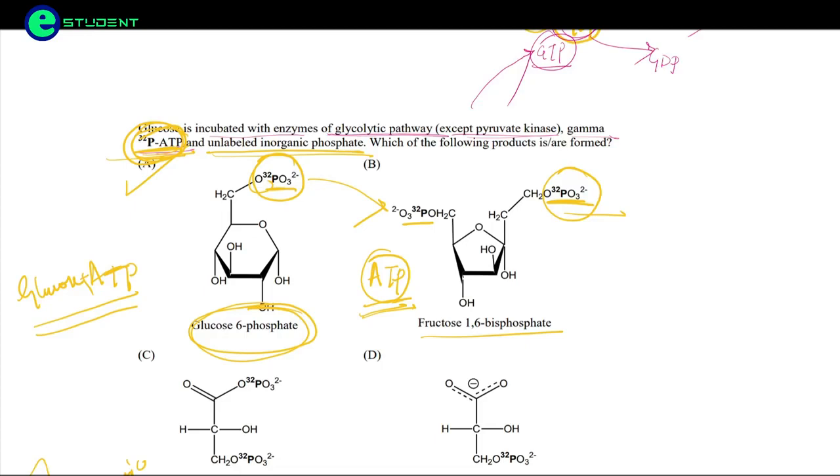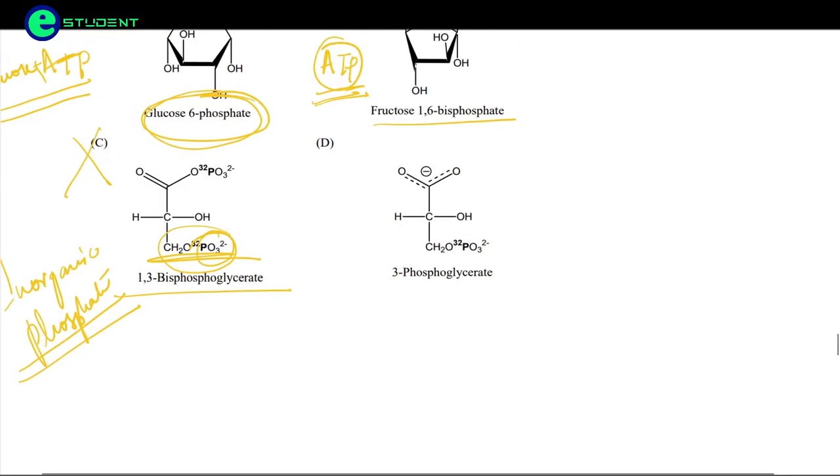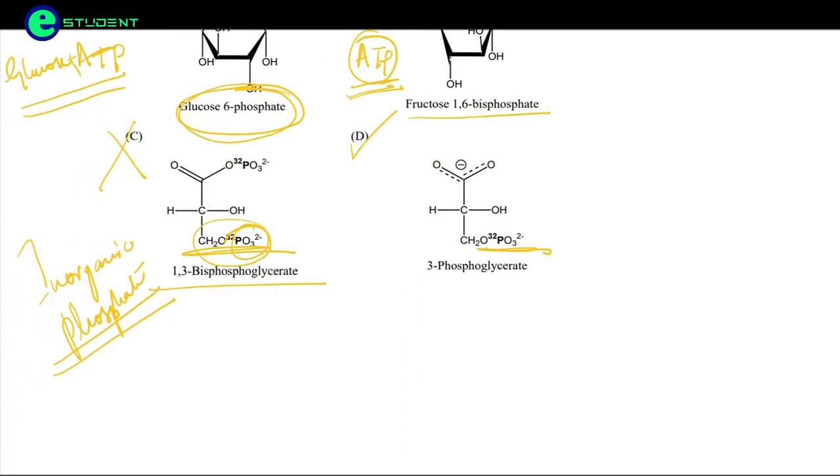But they have given unlabeled inorganic phosphate, and here it is showing a labeled phosphate at the third carbon. So this is absolutely wrong because it should not be labeled here. Coming to the fourth option, yes, this phosphate is also provided by the ATP, so this is going to be the labeled phosphate here. So D is also the correct option.